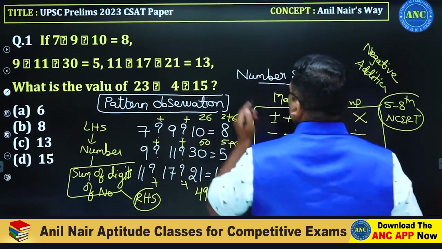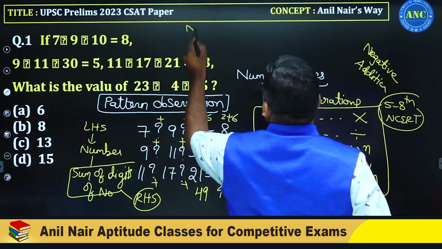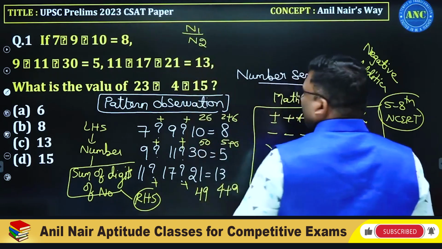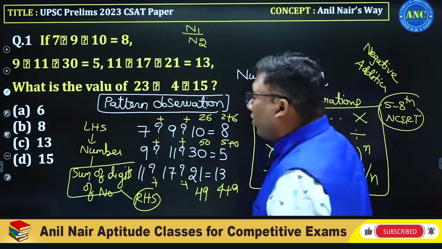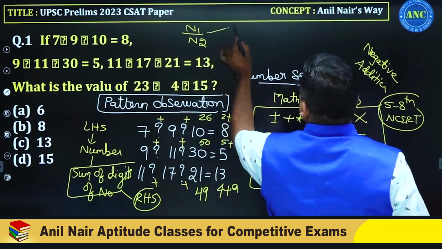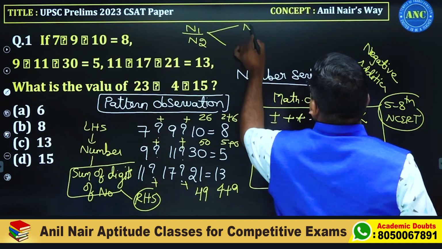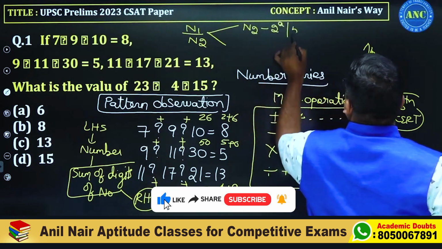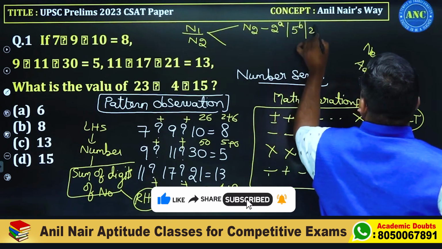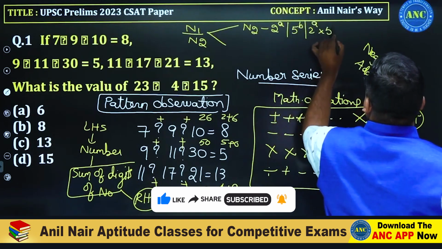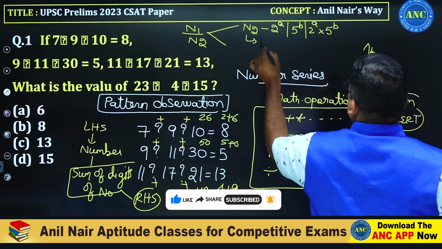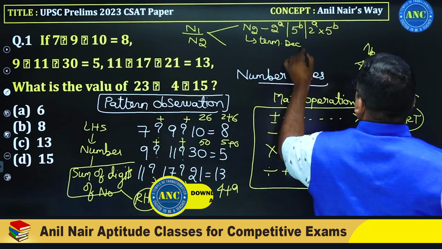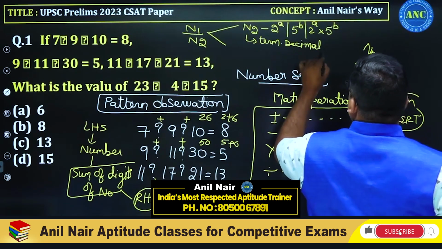Please write down a point. If I divide a value with another value, there is a very important basic property of a fraction. If n2 is a power of 2, or a power of 5, or a power of 2 and 5, then I will get a terminating decimal. The decimal value will end.